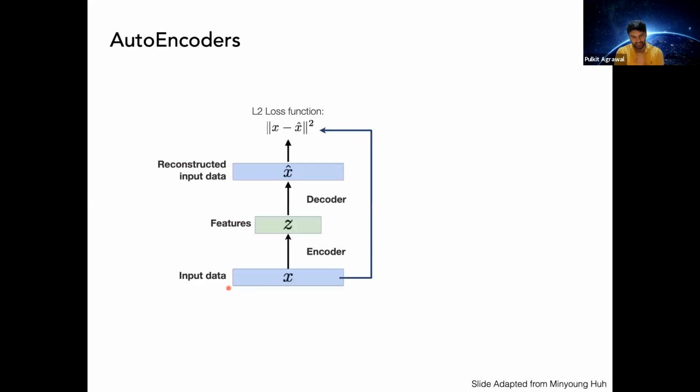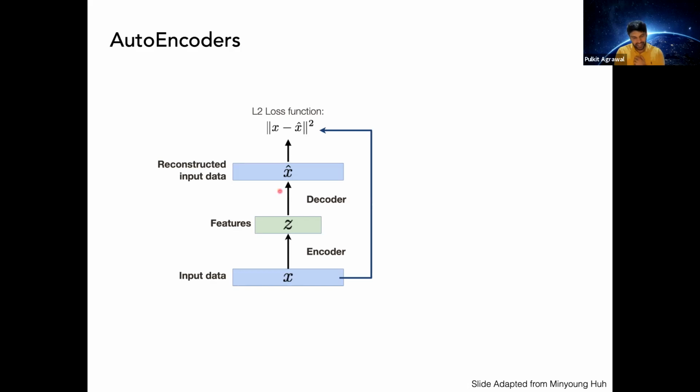Now, what are autoencoders? We have input data X. We want to map them into some feature Z, which we're also going to call A in the future, from which I can reconstruct my data. And my loss function is X minus X hat. So now if my Z and my X are as big, then I can just learn the identity function.